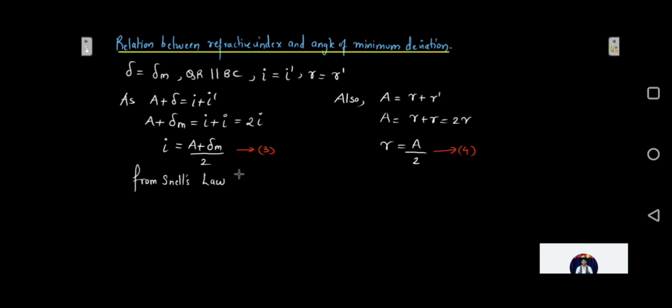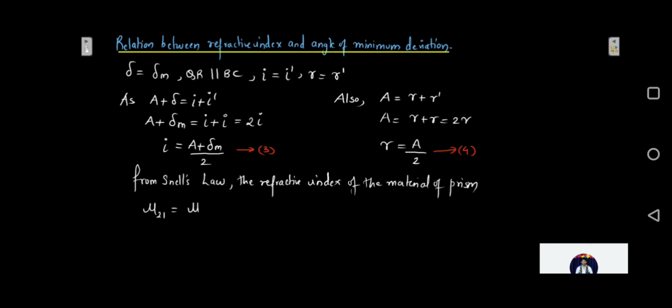From Snell's law, the refractive index of the material of the prism will be what? That is mu 2 1. I will write it normal first. That is the refractive index of the second medium with respect to the first medium. Now the second medium is the prism material over here.